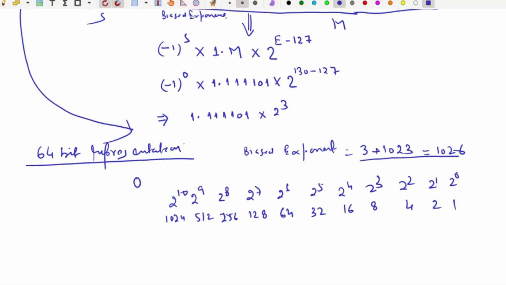Here 1026 is 1024 plus 2, so this bit is 1, the rest of the bits are 0, 0, 0, 0, 0, 0, 0, this one is also 1, and this is 0.